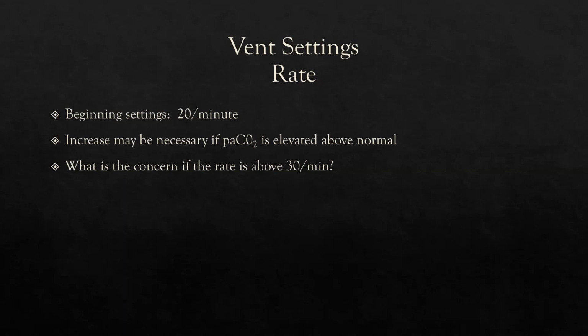If the rate is above 30 per minute, you may have to adjust the I time to prevent inverse ratio ventilation.